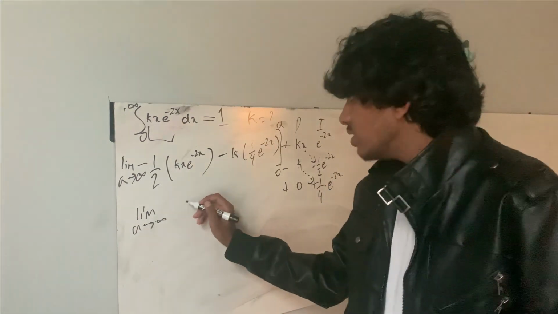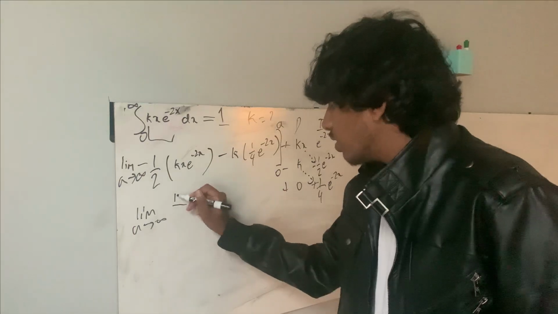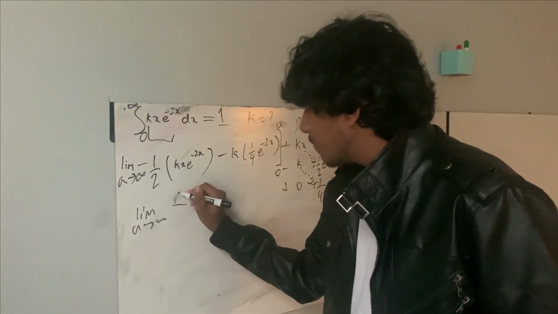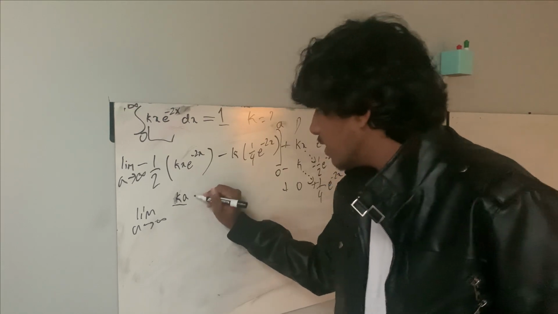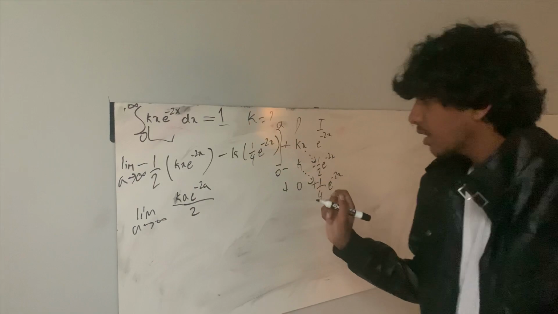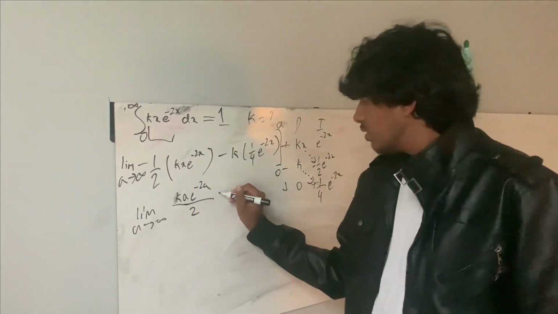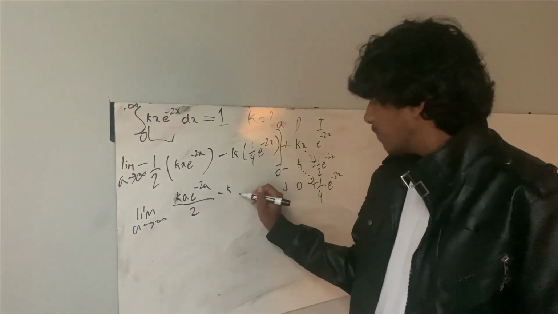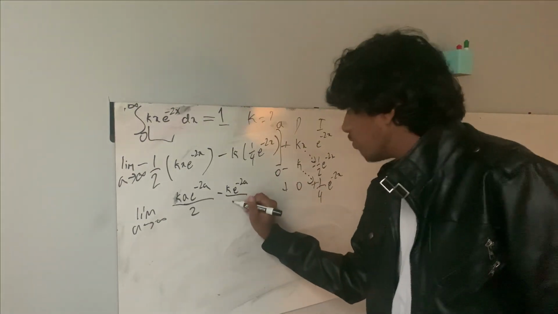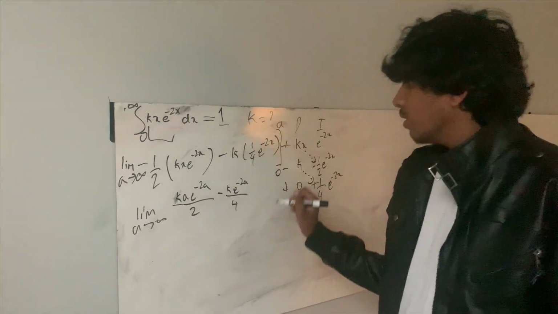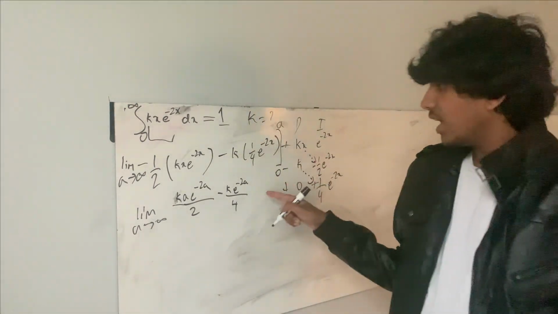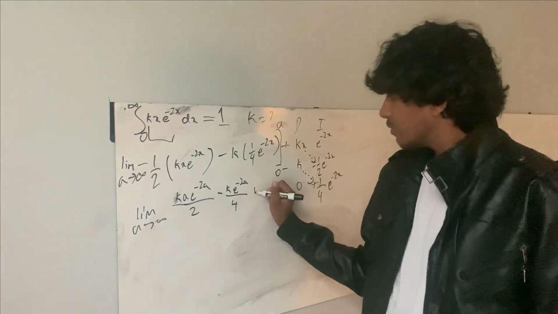We said this was going to be 0, so this is going to be 1. No, not 1. Okay, we're going to make the 1/2 look less ugly. So negative k a e to the negative 2a over 2, minus k e to the negative 2a over 4. And remember, we're going to add a k over 4.